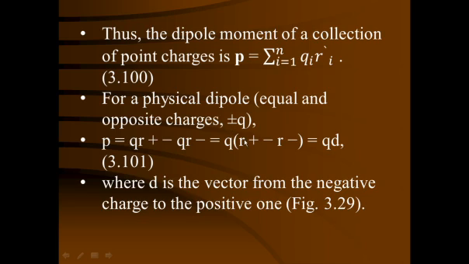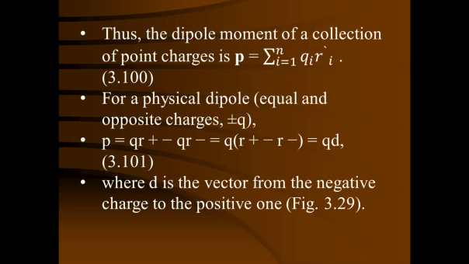So, q into r plus minus r minus, that is equal to the displacement vector r1 minus r2, and that is equal to q into d, where d is the vector from the negative charge to the positive charge. So dipole moment is a vector and its direction is always from negative charge to the positive charge.